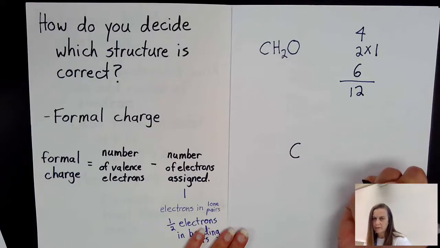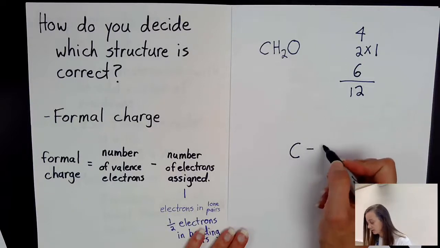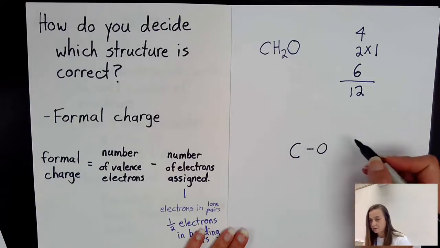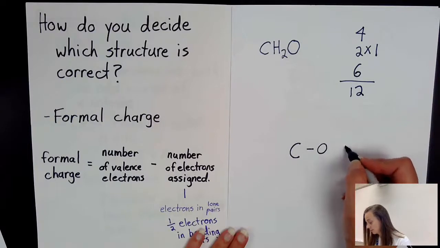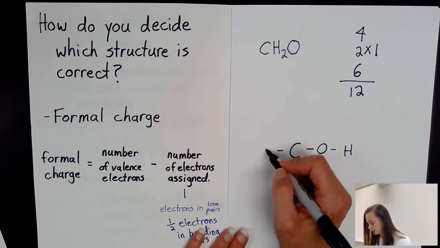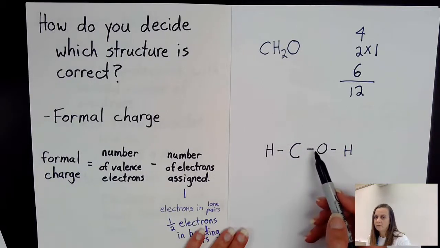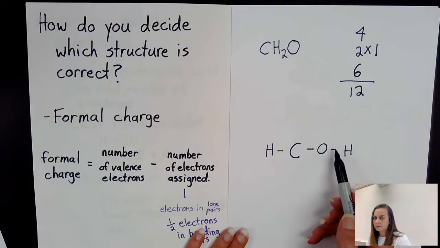So I've now used up 2, 4, 6 valence electrons, which leaves me with 6 more. So I'm going to put 2 here, and I'm going to put the other 2 here, and then we're going to put 2 valence electrons on carbon. And that's going to use up all of our valence electrons.